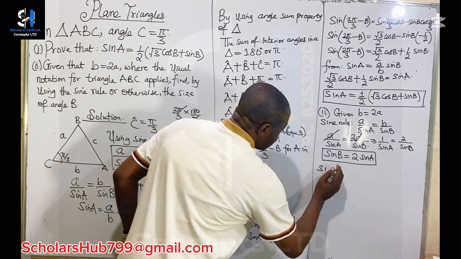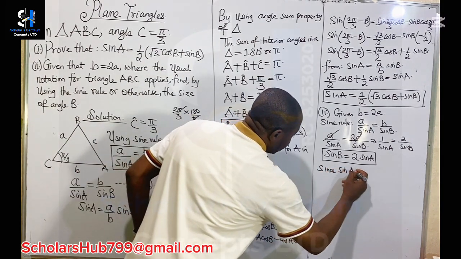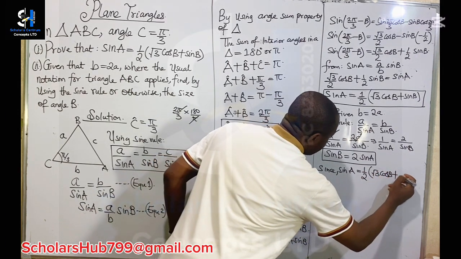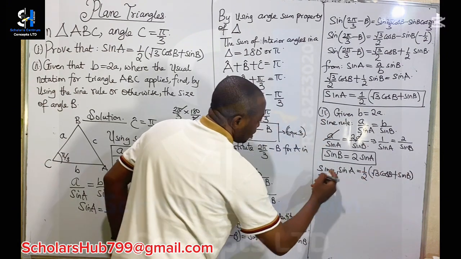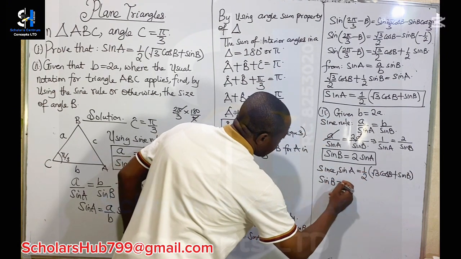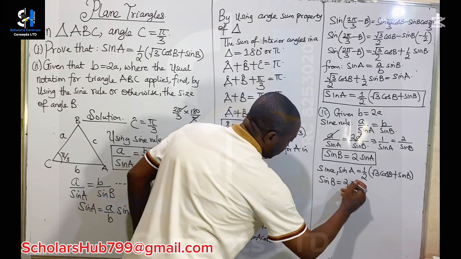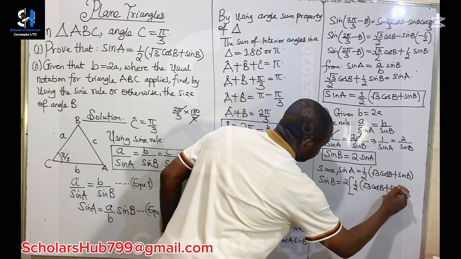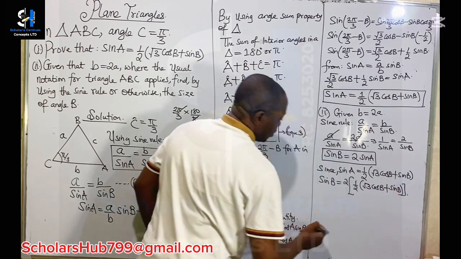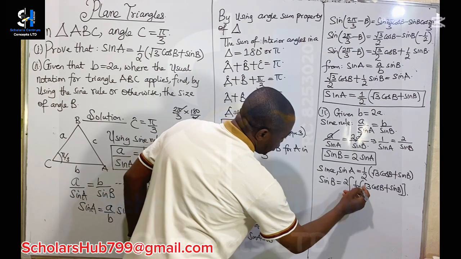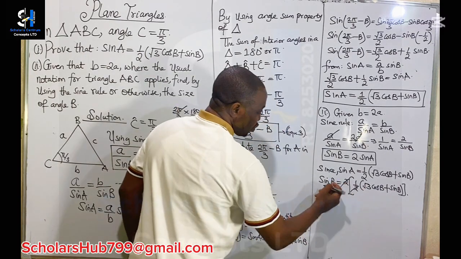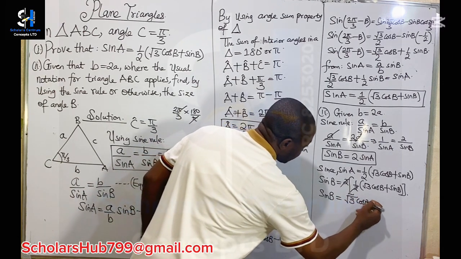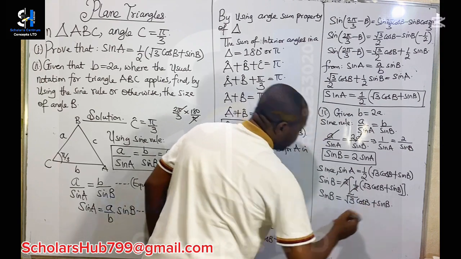Since sine a is 1/2 of radical 3 cos B plus sin B, we can say that sin B equals 2 multiplied by sin A, which is 1/2 of radical 3 cos B plus sin B. When this is multiplied by 2, the 2 cancels out, so we are left with sin B equals radical 3 cos B plus sin B.